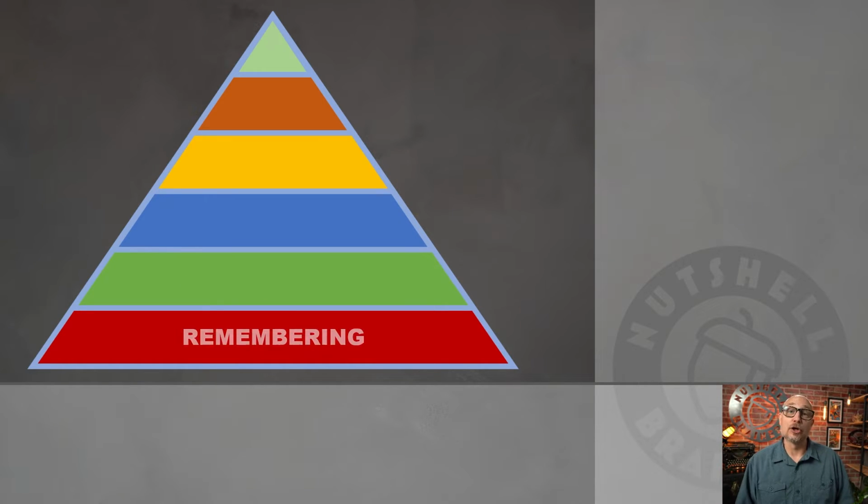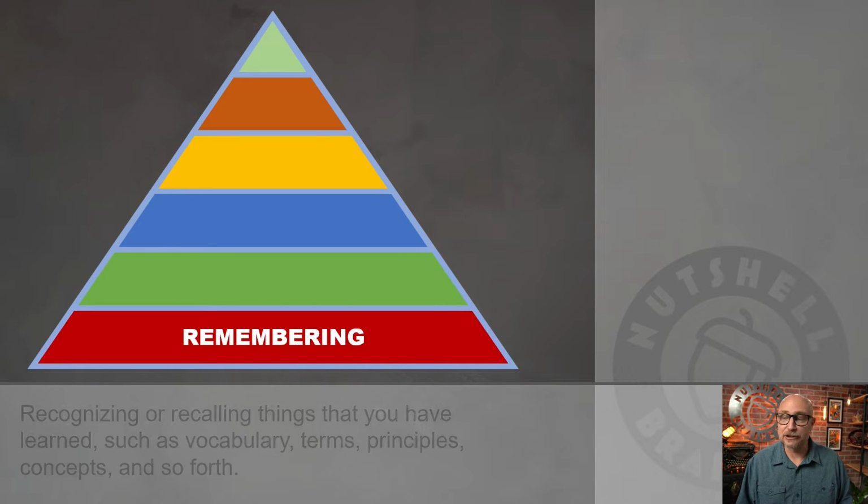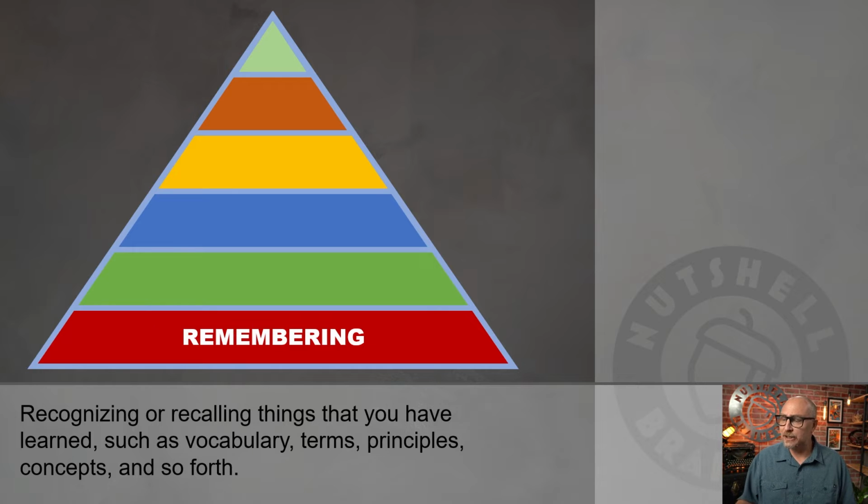So we start out with this hierarchy, and at the very bottom level, the first thing we do is remember. We're just talking rote memorization here. So recognizing or recalling things that you've learned, such as vocabulary terms, principles, concepts, and so forth.